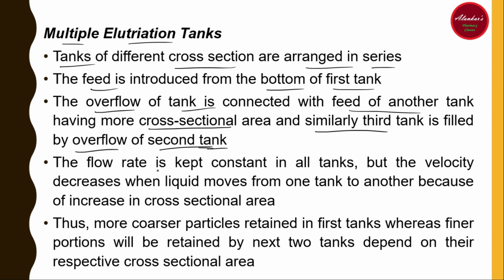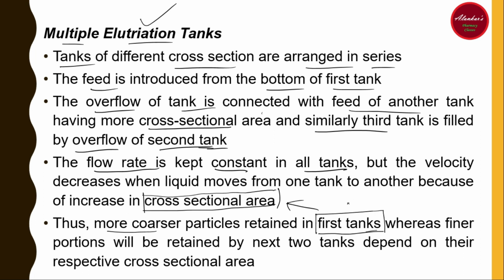The flow rate is kept constant in all tanks, but since the tanks have different cross sectional areas, the more coarser particles are retained in the first tank. The first tank has a smaller cross sectional area, and that's why the vertically moving liquid will have more velocity compared to the other tanks, and the more coarser particles will be retained in the first tank.